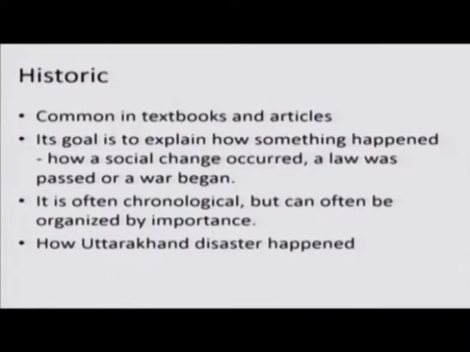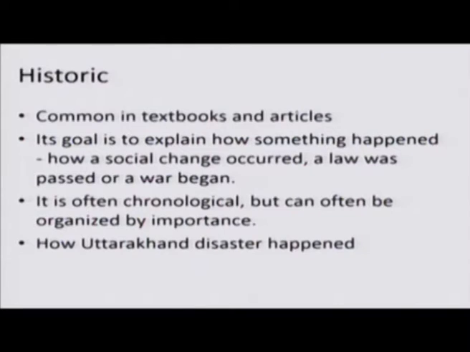So, based on the content, processes can be divided into three: historic, advisory, and scientific. Let us look at each one of these in detail. First one is historic. It is very common in textbooks and articles.